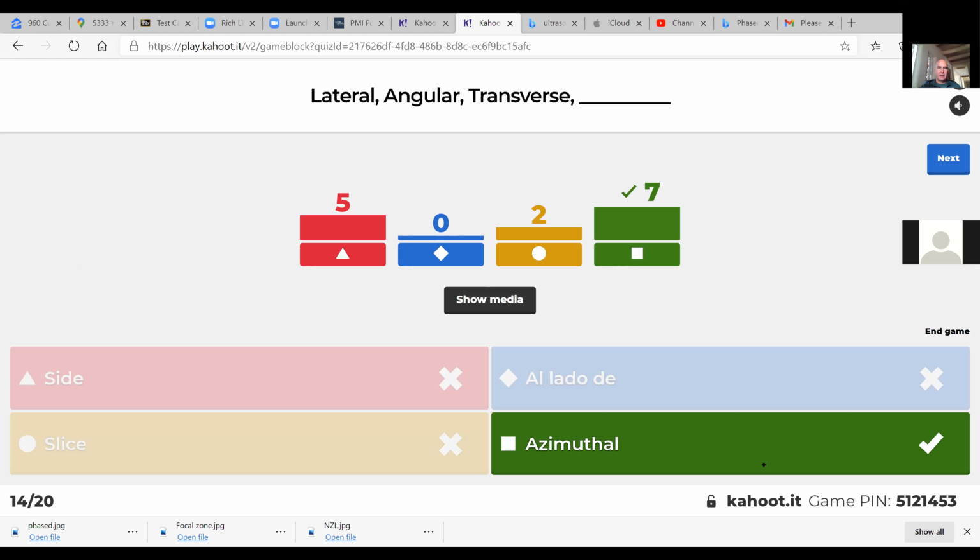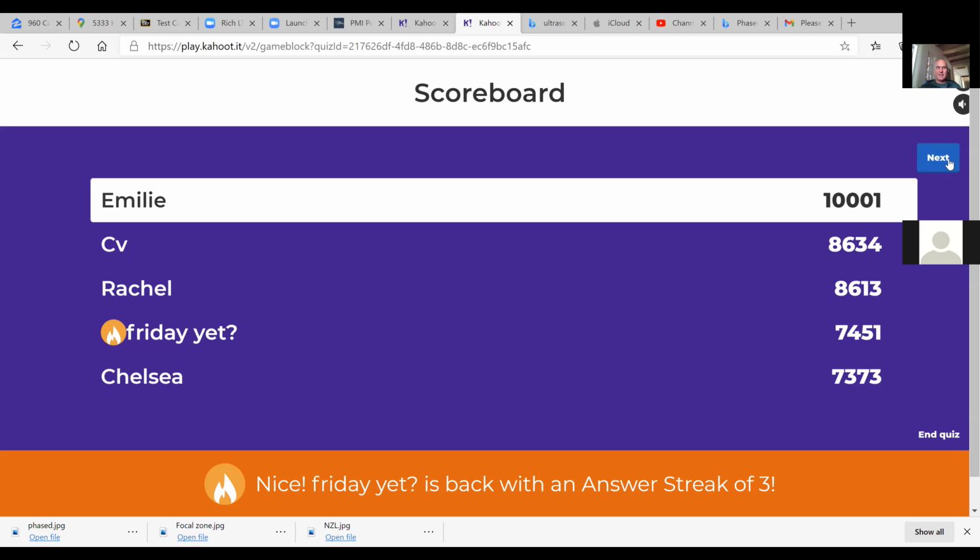Azimuthal is lateral or transverse or angular. Just different words, all mean the same thing.